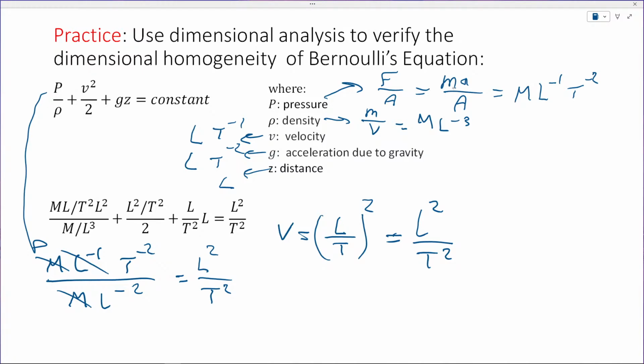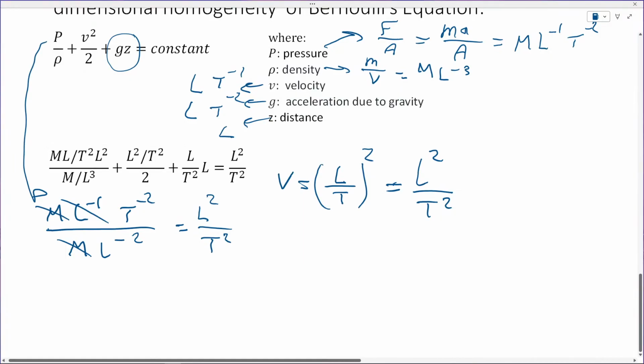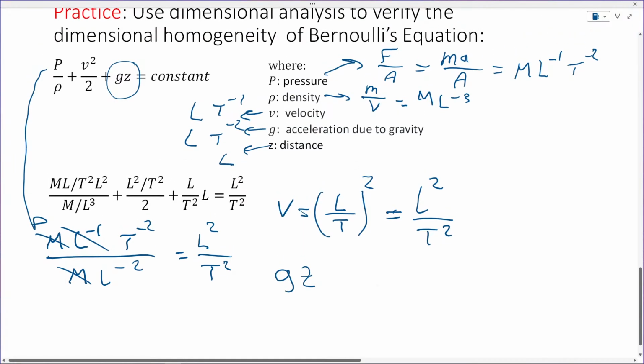And then let's do the last one. This is the kinetic energy, and then this one is due to potential energy, G z. So what do we have for G?